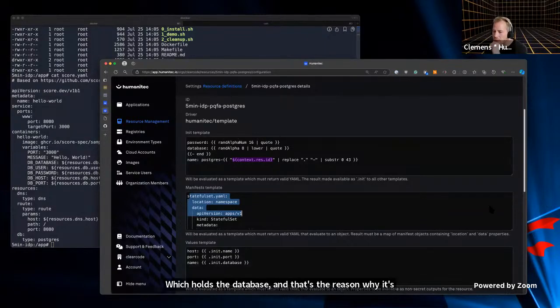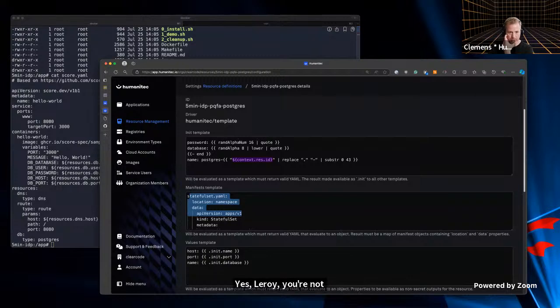It looks a lot like operators on steroids. Yes, Leroy, you're not completely wrong, but this is all happening outside of the Kubernetes cluster. And that's important because an operator can usually influence mainly the world on top of the cluster.